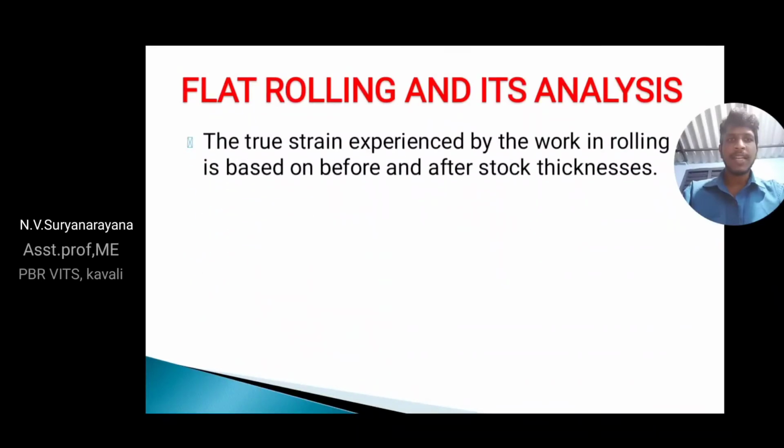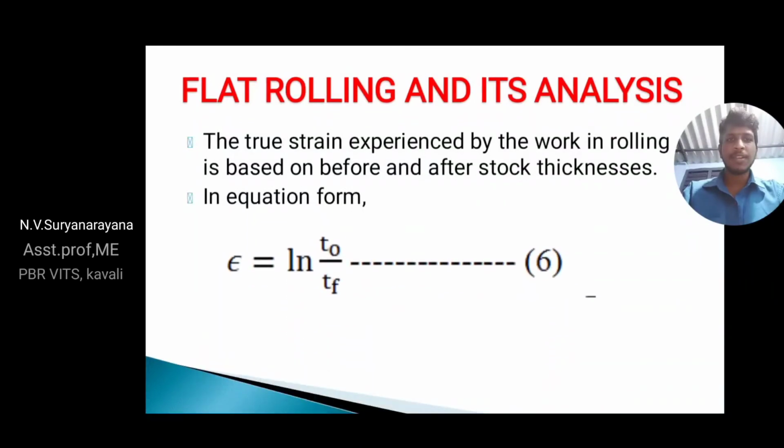Next, the true strain experienced by the work in rolling is based on the before and after stock thickness. In equation form, epsilon equals ln T0 by Tf, that is the true strain. We already know that strain is the change in length to original length. Here, before thickness divided by after thickness gives you the true strain.